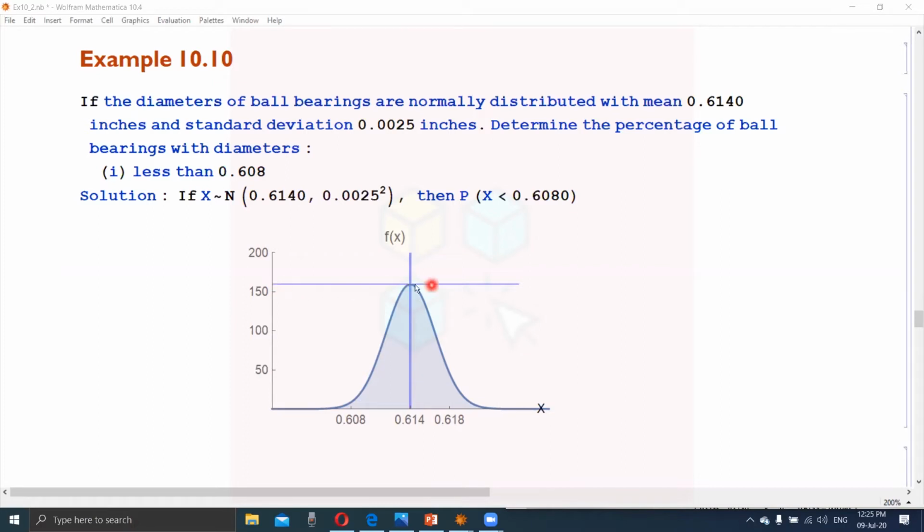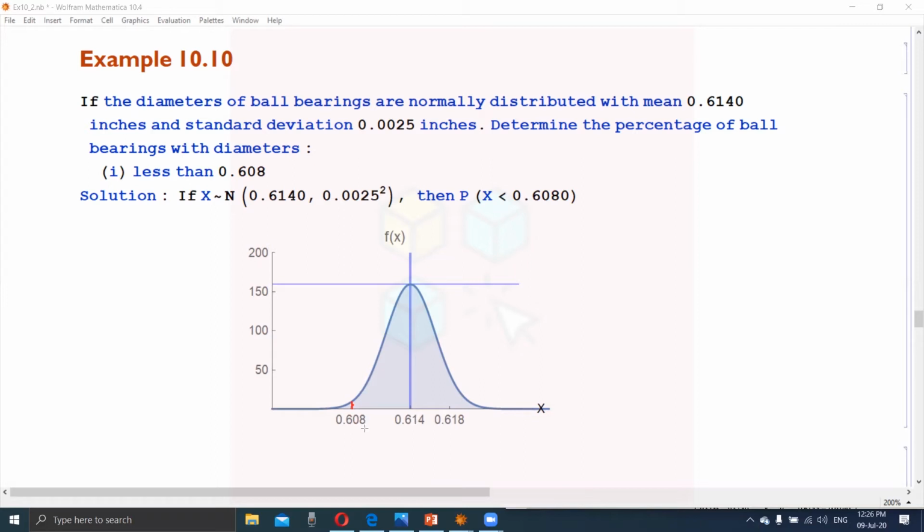The mean of this distribution lies in the center, at 0.614, and 0.608 is on the left side of the mean, at the left tail. We will draw a line here at 0.608 so that the area below this point is shaded, but this point is actually not included.